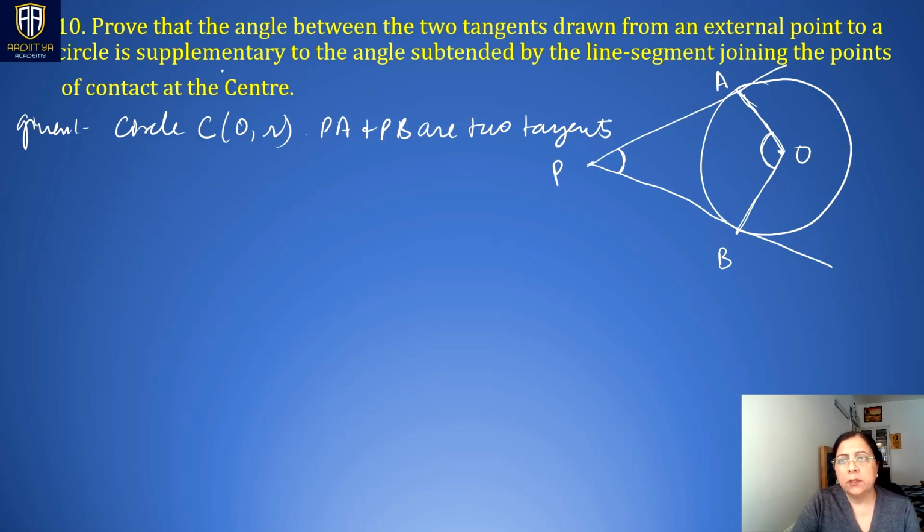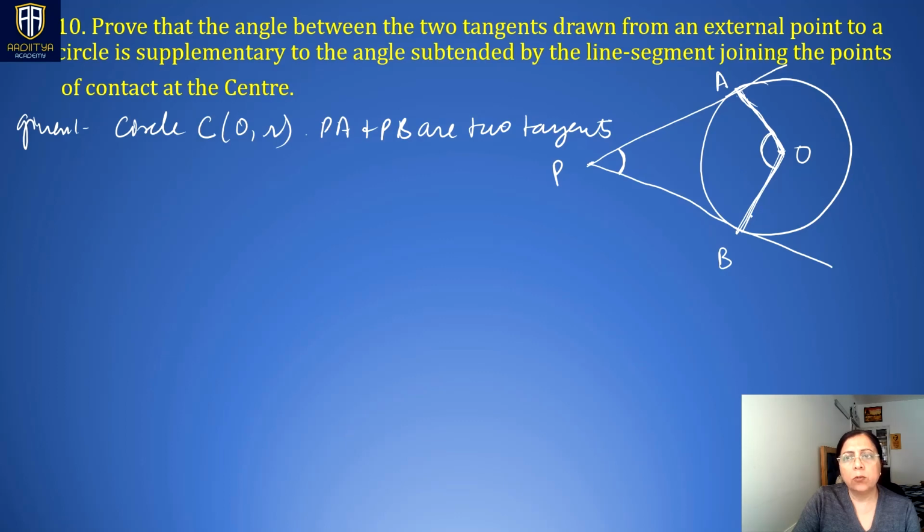We have to prove that the angle between the two tangents drawn from an external point to a circle, angle between these two tangents, is supplementary to the angle subtended by the line segment joining the point of contact to the center, right? These are the two lines which are joining the point of contact to the center.